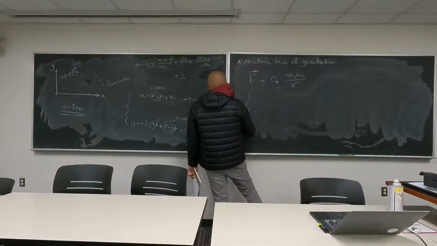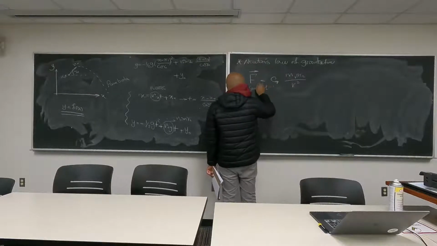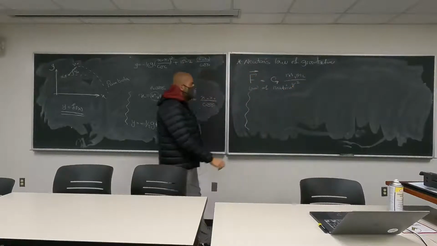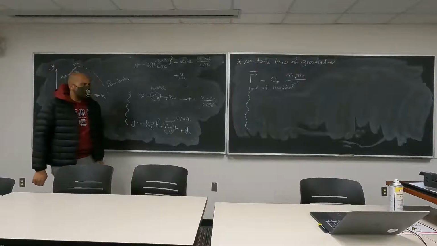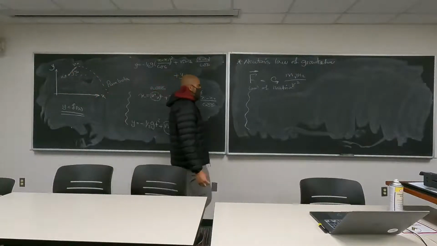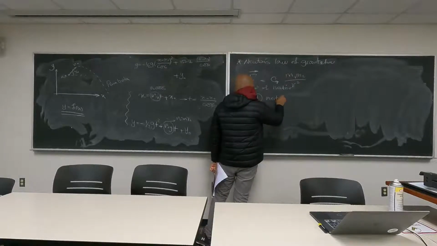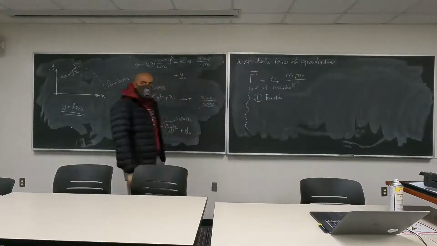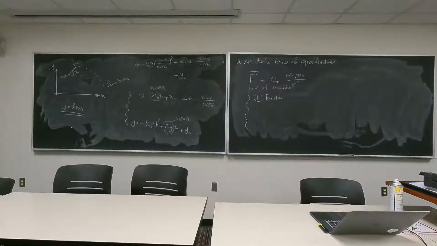Okay, Newton's laws of motion. What are the three fundamental laws of motion? First, what is the first law? Inertia, right? If something is moving or not moving, it is going to keep moving or not moving if there is no force applied to it.